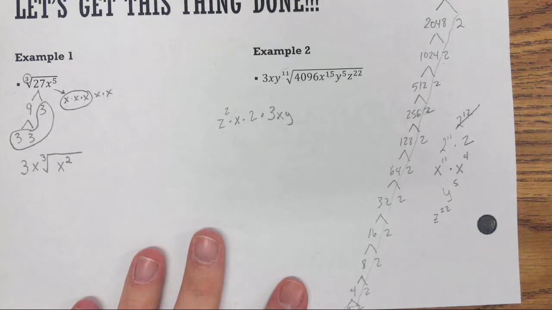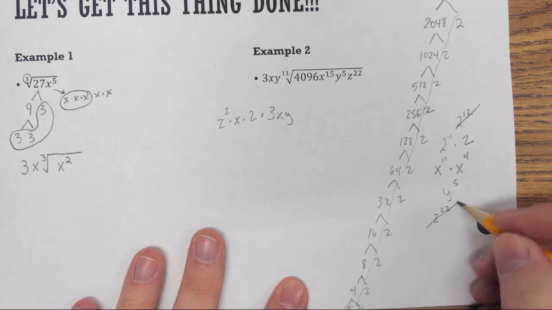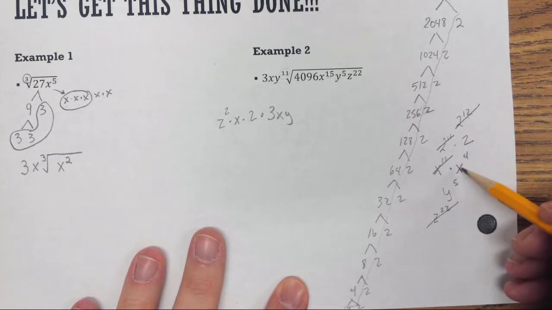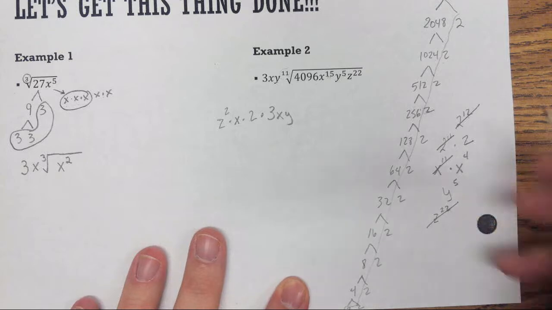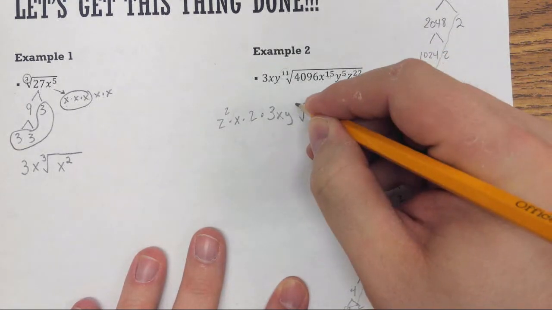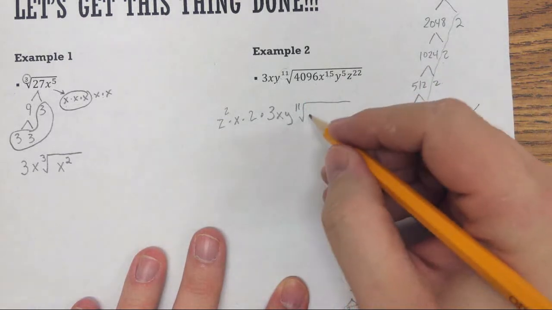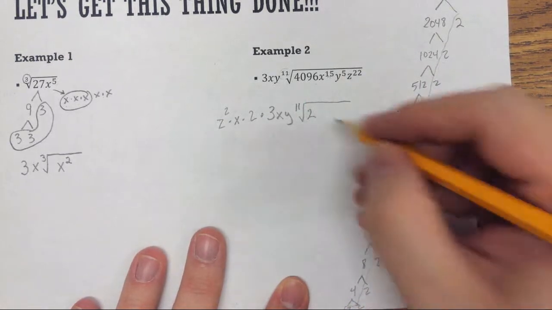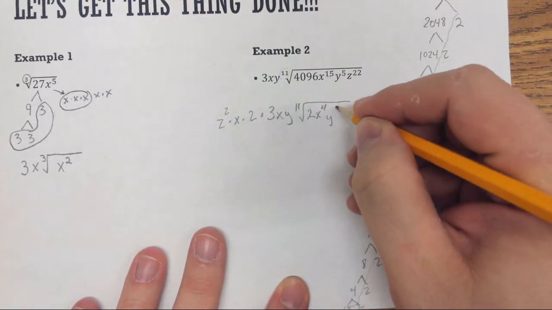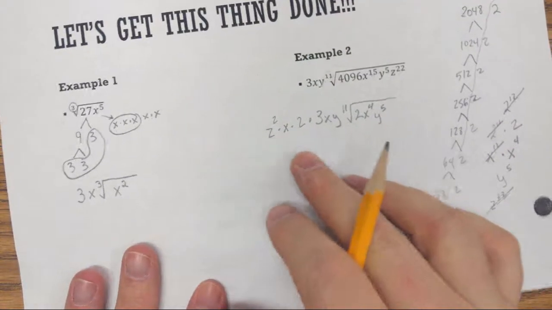That being said, the z's are gone. I've got 2, x to the 4th, y to the 5th, and that's it underneath. So I've got the 11th root of 2 times x to the 4th times y to the 5th. Everything else I've written out here.